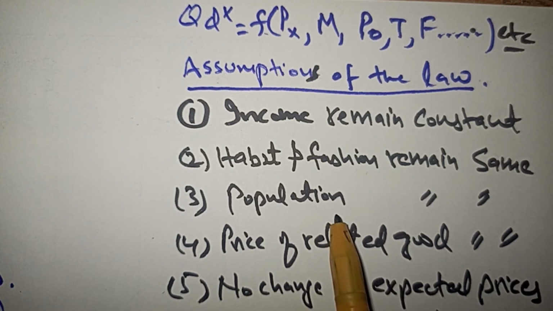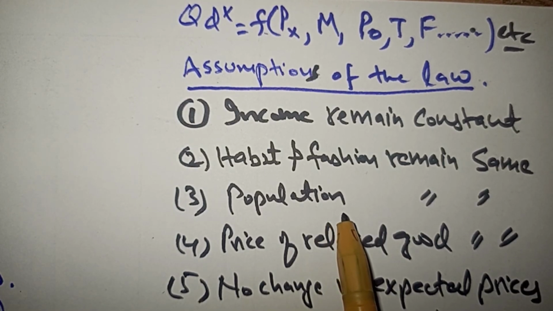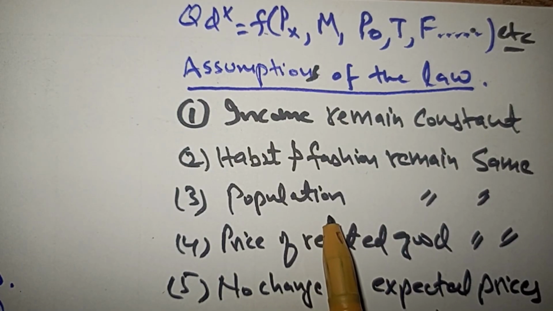For the validity of the law of demand, population or the number of buyers should also be taken as constant, irrespective of any change in the prices of products. As the number of buyers increases for a particular commodity, the quantity demanded will increase, irrespective of any change in the prices of the product.